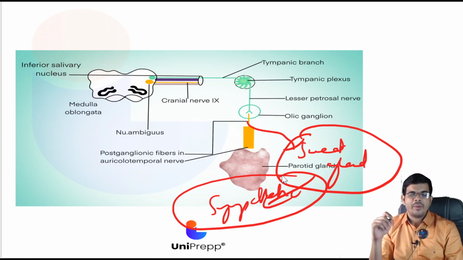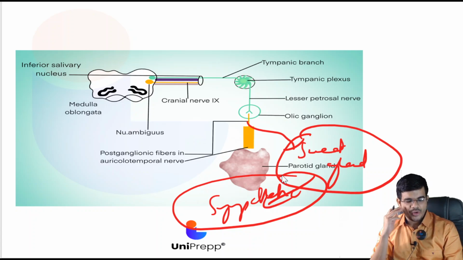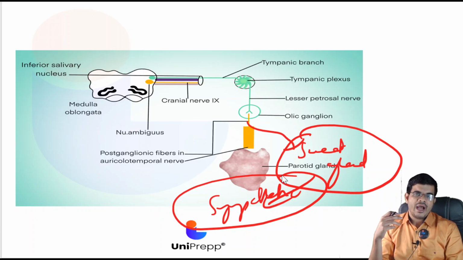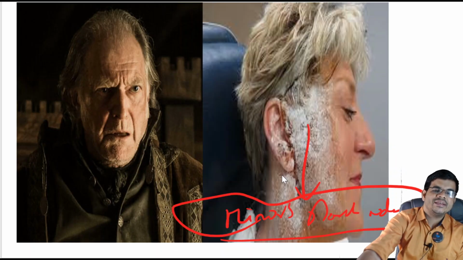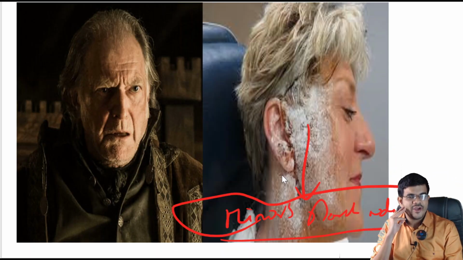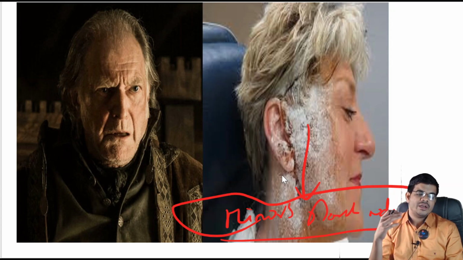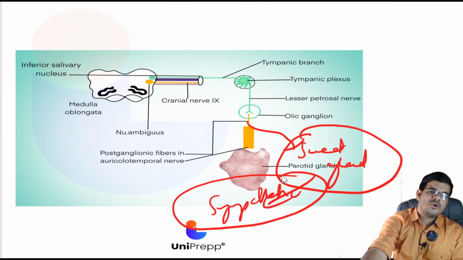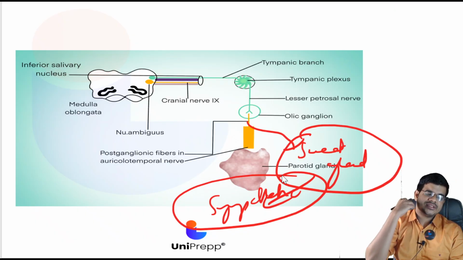Because of the aberrant regeneration, on eating there will be sweating over here, and this can be identified by the minor starch iodine test. What you do is you keep starch all over the face and then put iodine, and they begin to react only when sweating happens.